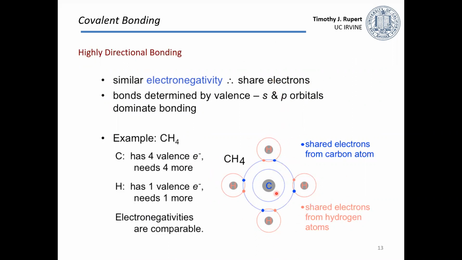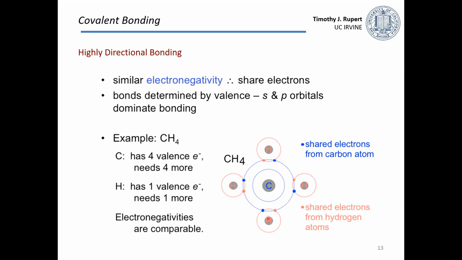Both the hydrogen and the carbon atom want more because they have unfilled valence shells. But rather than one of them giving electrons up, they actually arrange in some pattern so that you end up getting 4 more electrons around the carbon nucleus, okay? And it fills that outer shell. And you get 2 around that hydrogen nucleus, which fills that 1s shell around the hydrogen nucleus.